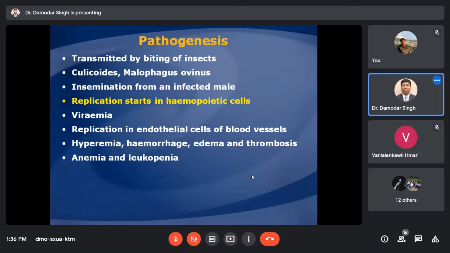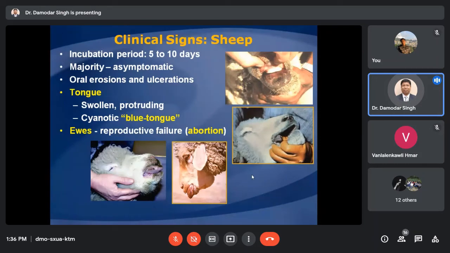Then clinical signs and symptoms, so far as sheep are concerned. The incubation period of the disease may vary from 5 to 10 days, and the majority of the cases may be asymptomatic. But in the severe cases, the characteristic features and classical forms are there.